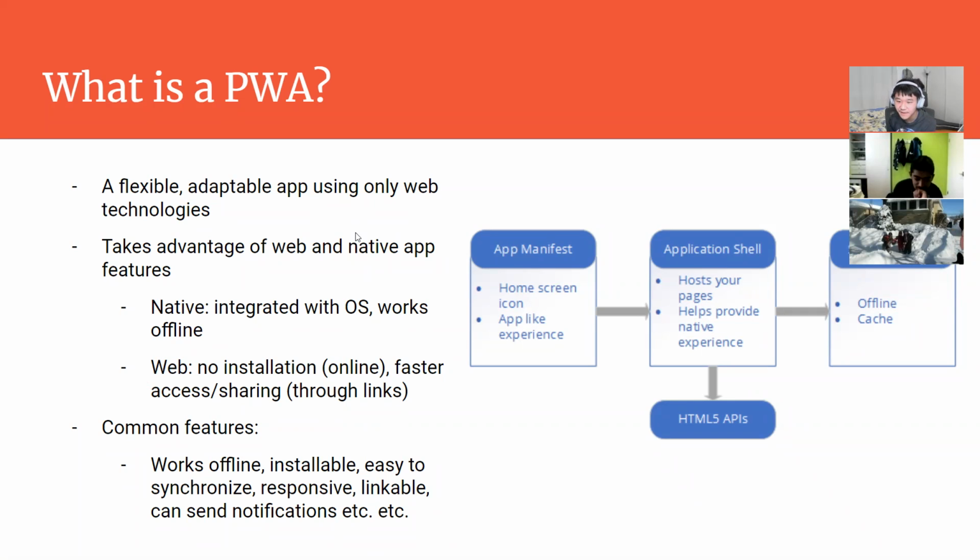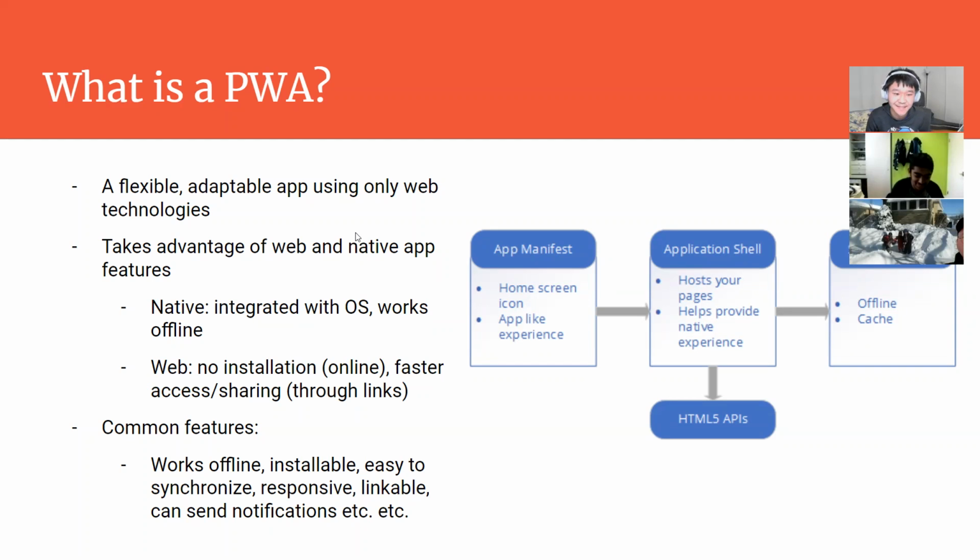So you don't actually have to worry about Android development, iOS development, etc. And it takes advantage of web and native app features, both, because with PWAs, you can do some things that regular websites can't. So for example, if you wanted to have notifications in your app, right? So even if your app isn't open, you still get notifications when someone texts you, for example, then you would use a PWA, because you wouldn't be able to do that with a normal website.